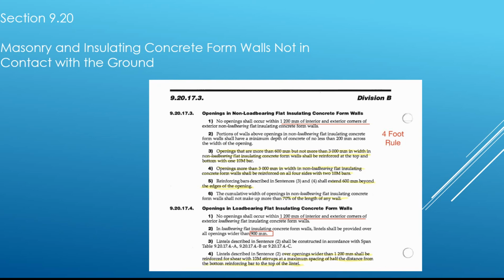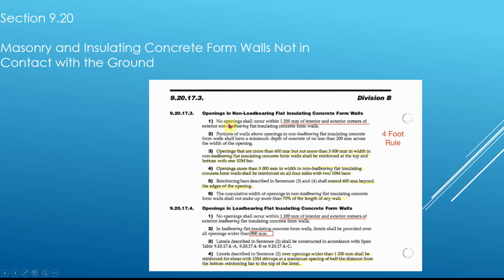Now, this is where these shear walls are sort of mandated, because again, if you see here, masonry and insulating concrete forms not in contact with the ground, so that would be above grade. So this one here is for a non-load bearing wall, and this is one for load bearing.